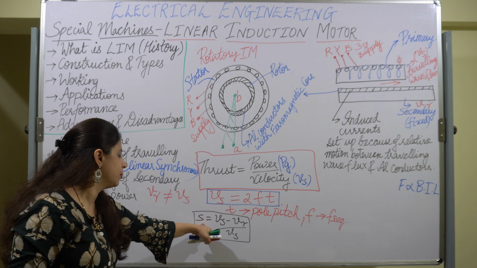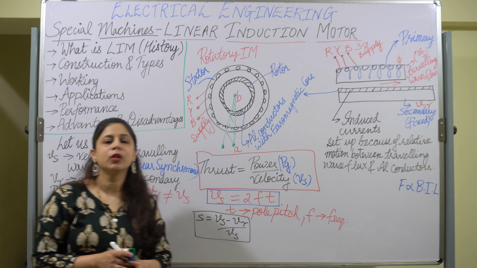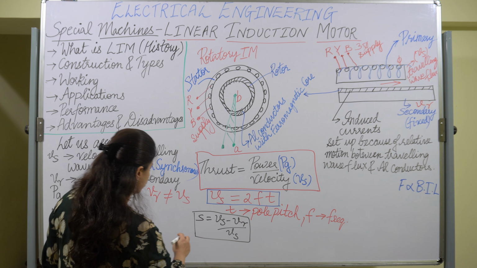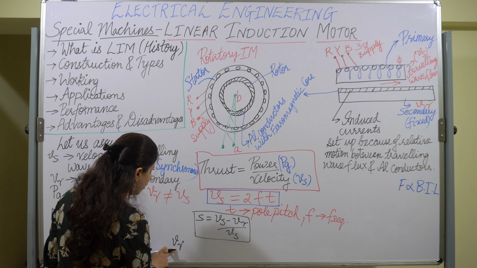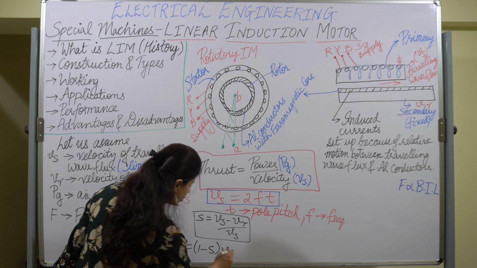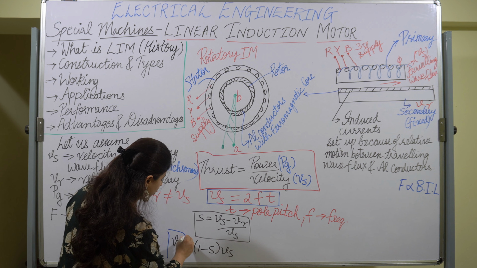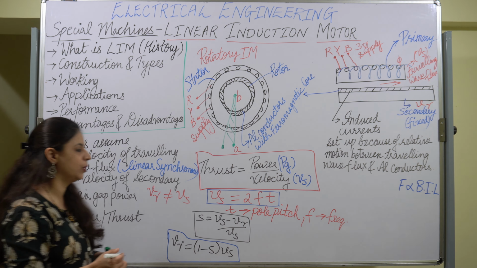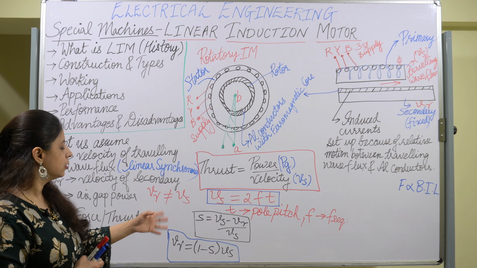So slip is given by Vs minus Vr upon Vs. And so Vr, the speed of the secondary, is given by (1 minus s) into Vs. So this is yet another formula for the numericals point of view. So we have got 4 formulas over here. With these 4 formulas, we can easily solve the numericals whichever are asked in the examinations.